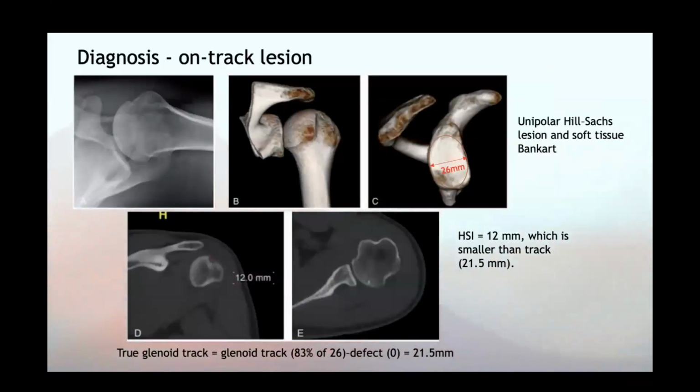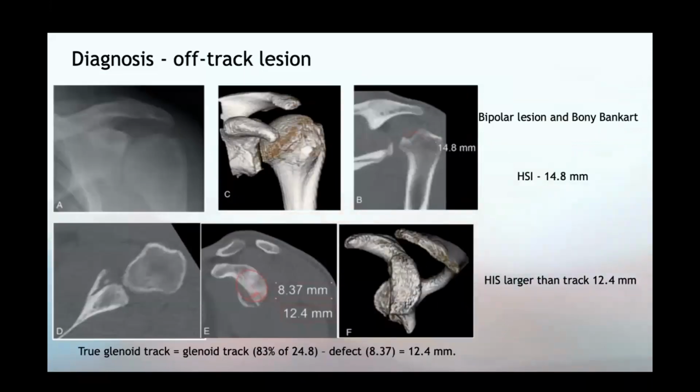On-track lesions are basically those lesions that are within this 83%, within this track. If the lesion is in this track, it is a stable lesion, because the glenoid and the humeral head have sufficient bone to prevent the humeral head from pivoting out of the glenoid. So these are on-track lesions.